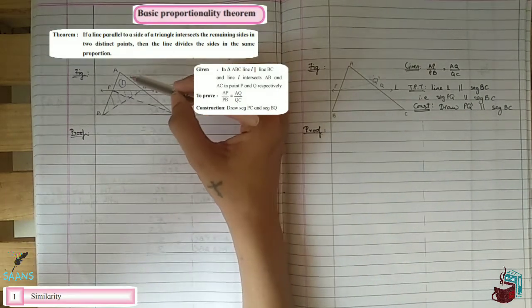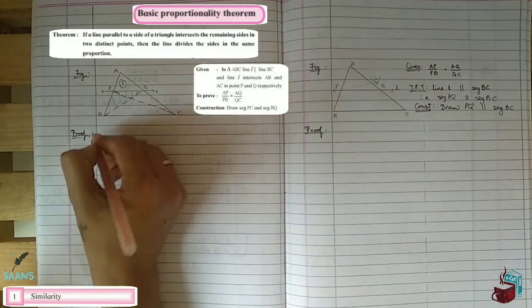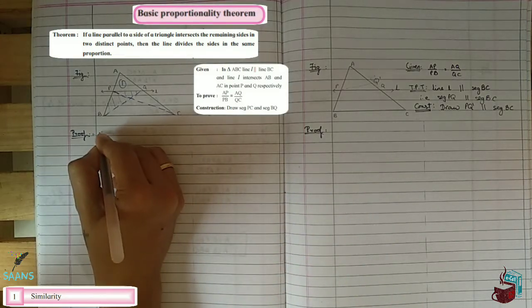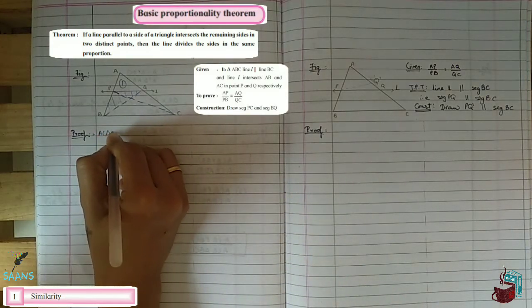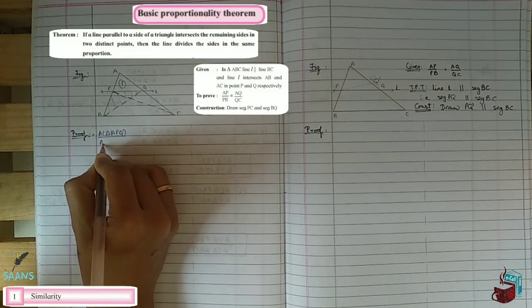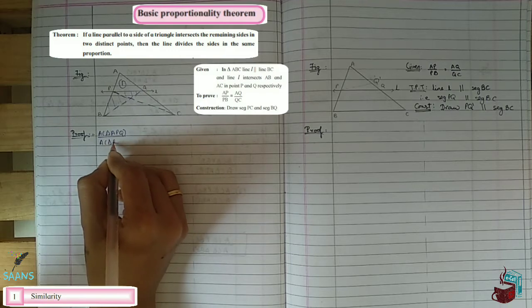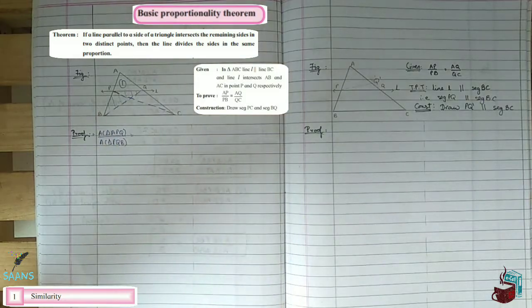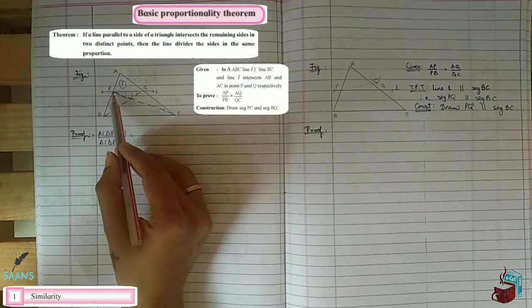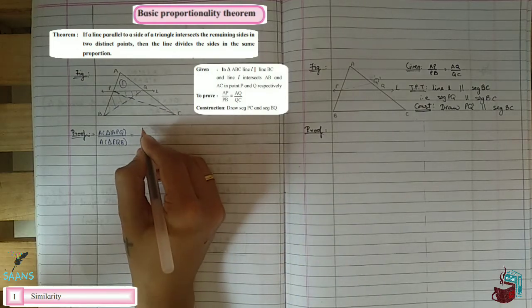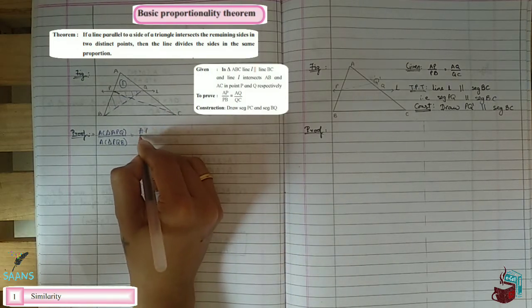So your first step will be: area of triangle APQ upon area of triangle PQB is equal to, see, this is considered to be the height. Both have equal height PQ. So it will be AP upon PB.